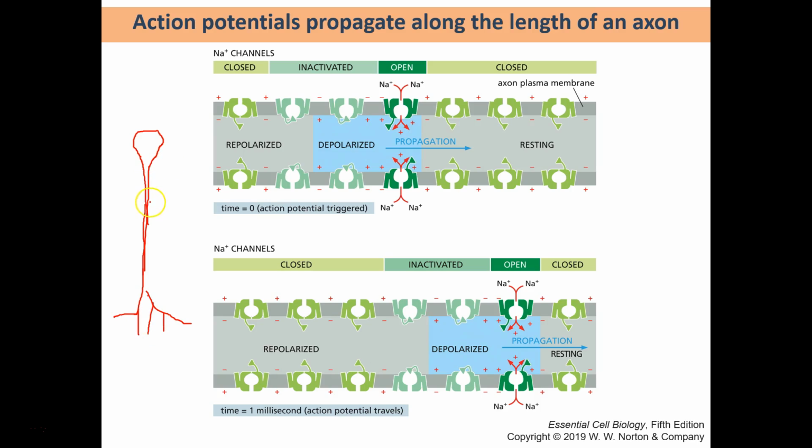There are going to be a lot of these channels all along this membrane as you go towards the terminal end, and for each channel, as it becomes activated, it's going to start pouring in the sodium ions. So the membrane potential is going to get amplified, and the membrane is going to get depolarized as you propagate the signal down the axon.